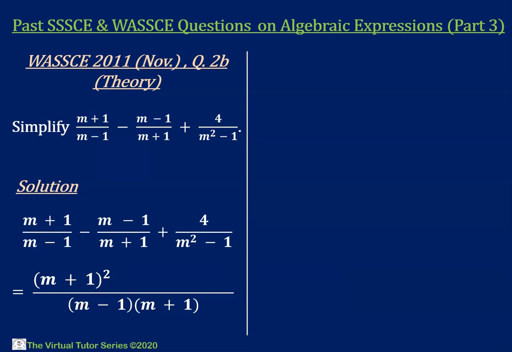Again, m plus 1 into the LCM is m minus 1, and m minus 1 times m minus 1 is into bracket m minus 1 all squared. Finally, m squared minus 1 into the LCM is 1, and 1 times 4 is 4.